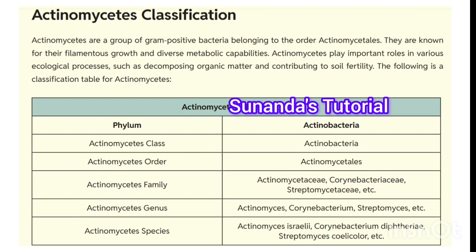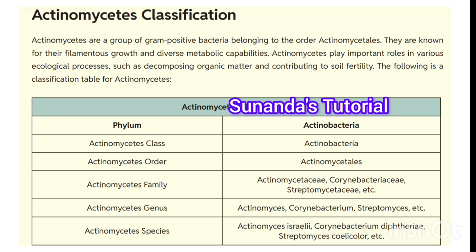They belong to phylum Actinobacteria, class Actinomycetes, and order Actinomycetales, and they include some families like Actinomycetaceae, Corynebacteriaceae, Streptomycetaceae.